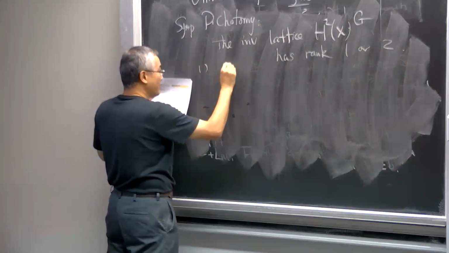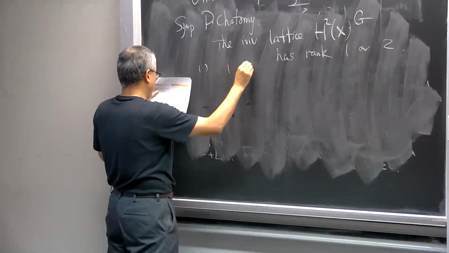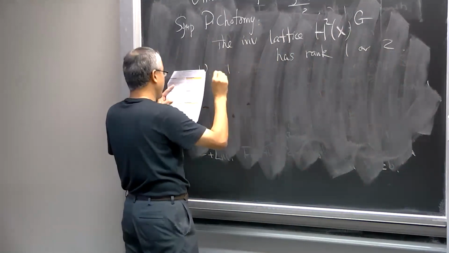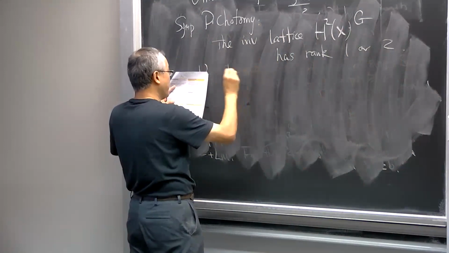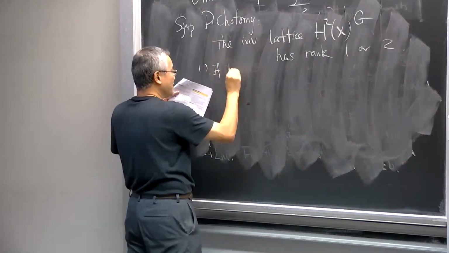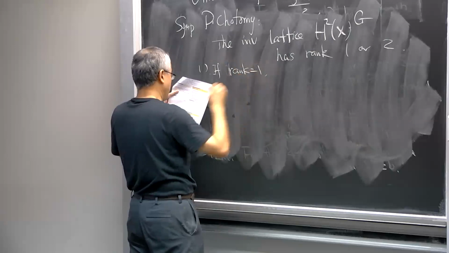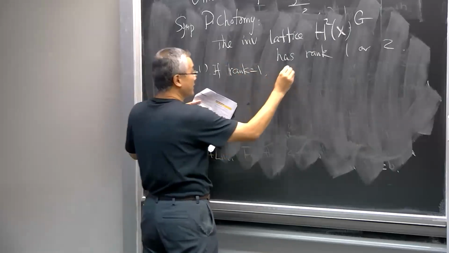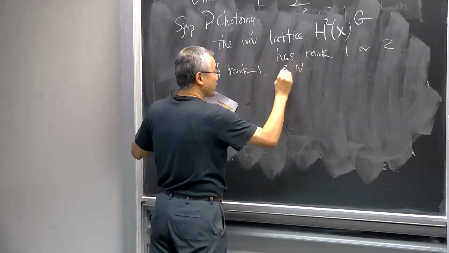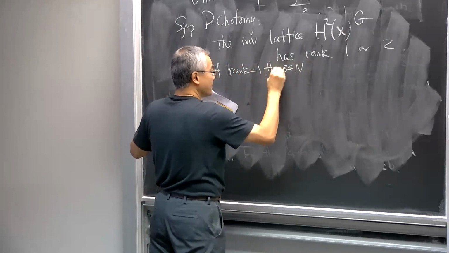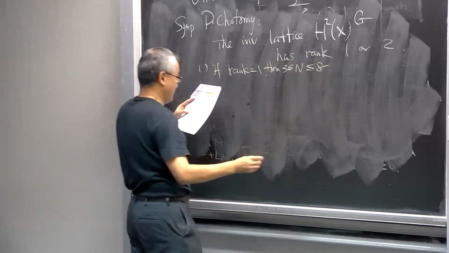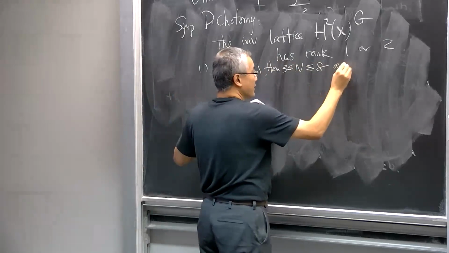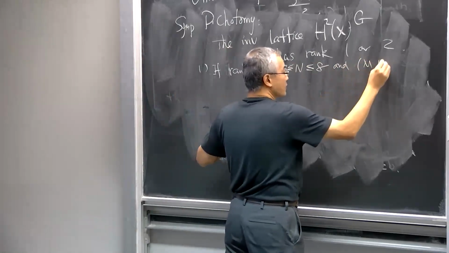If the rank is equal to 1, then n is between 3 and 8, and M is monotone.